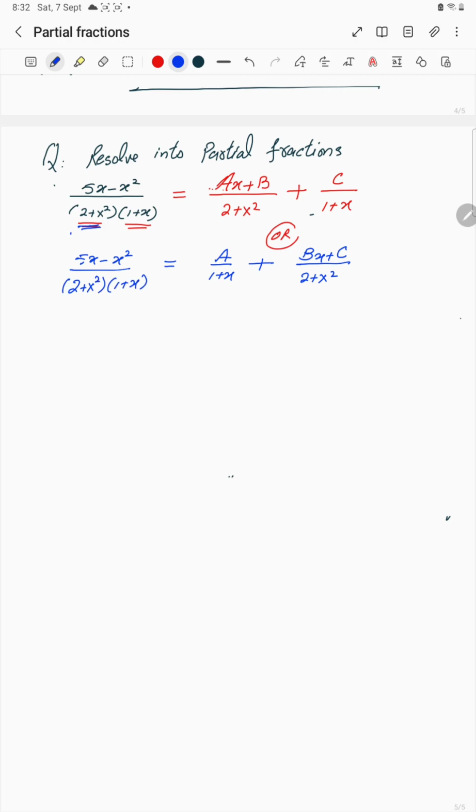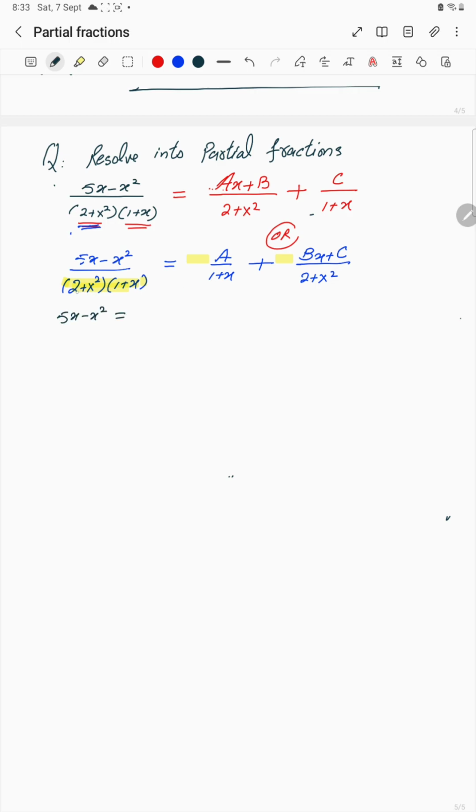So as per the rule, we have checked the fraction is a proper fraction. The numerator has degree 2 and the denominator has degree 3, so it is a proper fraction, and we resolve it by applying case 4. Now whatever is in the denominator of the original fraction, multiply each term with this. So we get 5x minus x squared.